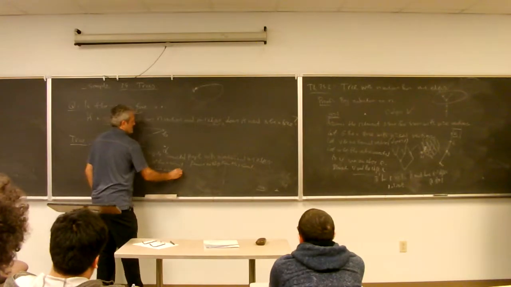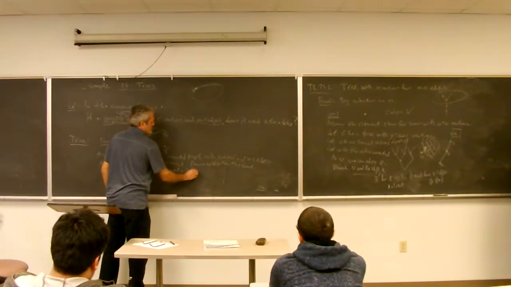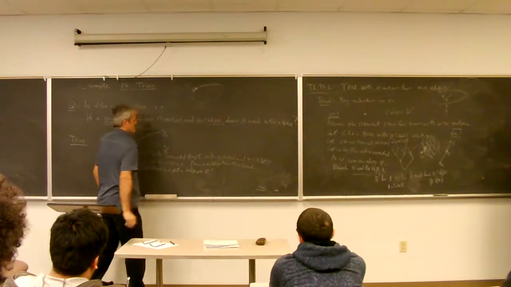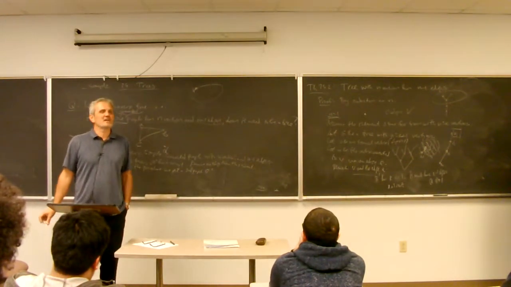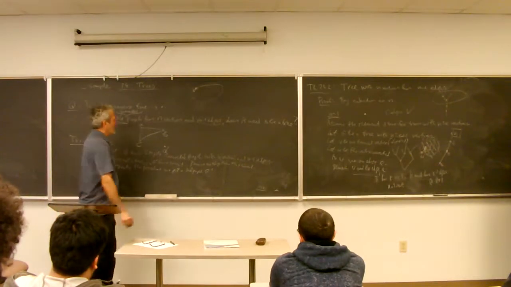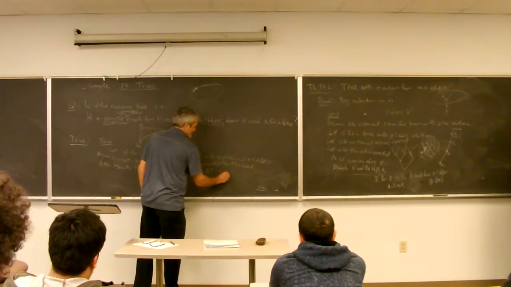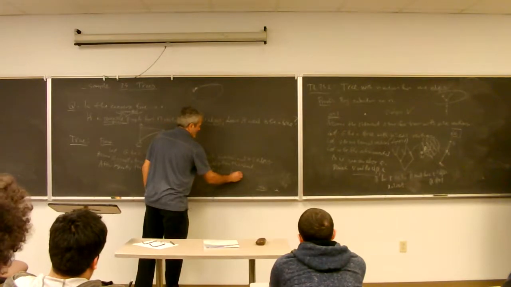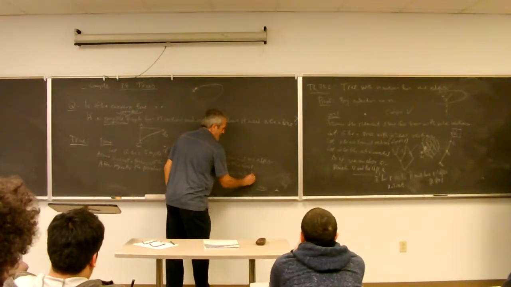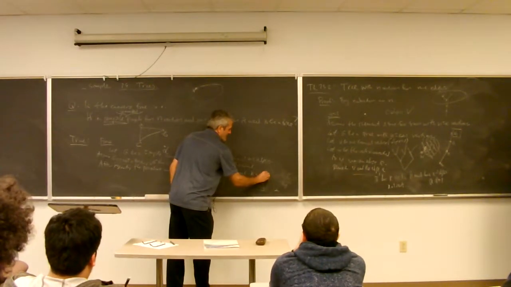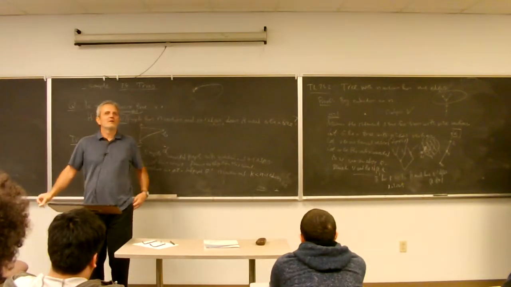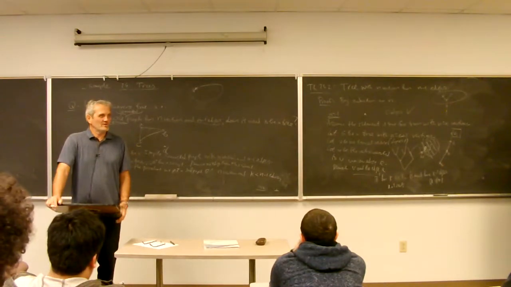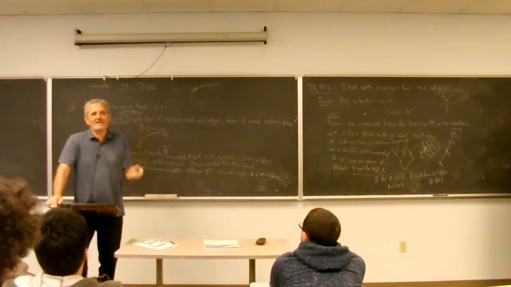we get a subgraph, technically, G prime, with how many vertices? Do we ever remove vertices or just edges? So with n vertices and k less than n minus 1 edges. Why less than n minus 1 edges? Because I started with n minus 1 and I started to cut.